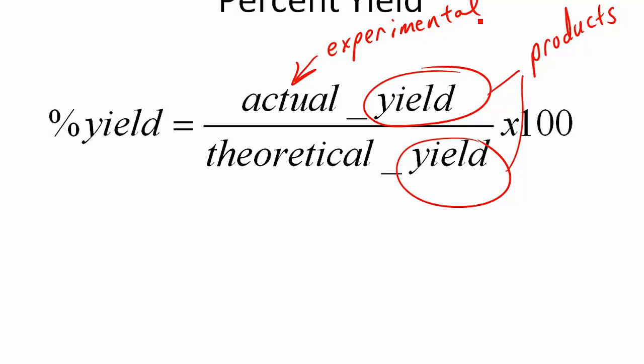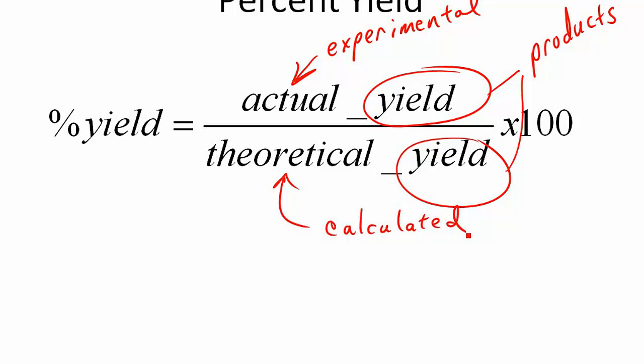But at any rate, this is something that would be an experimentally determined amount. The theoretical yield is a calculated value, and it's going to be based on the amount of the reactants that you started with. So the theoretical yield would be the most that you could make given the amounts of reactants that you start with.